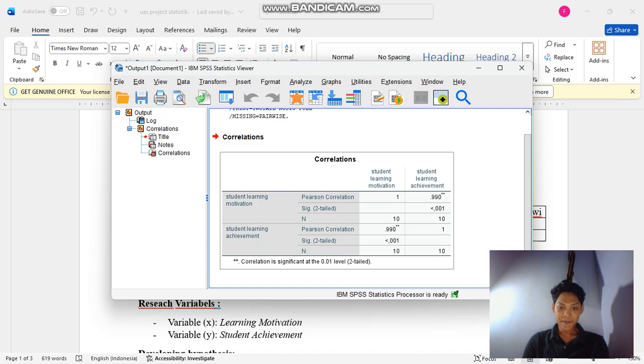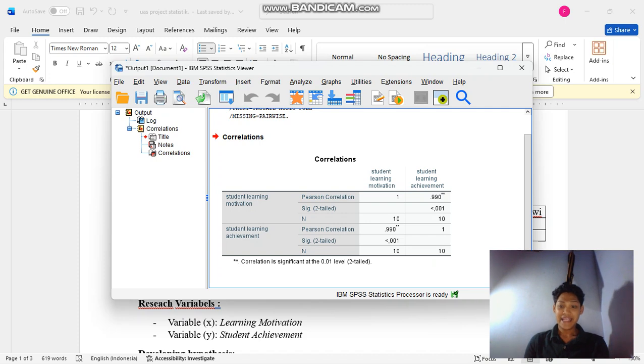And here, we have the significance score, which is 0.001, and that is smaller than the alpha 0.05.